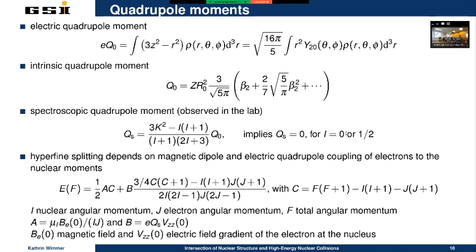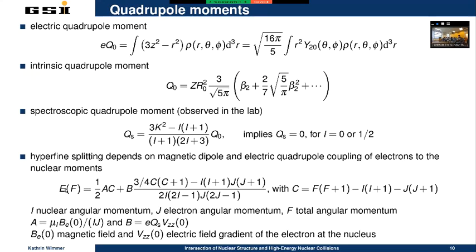If I is larger than 1/2, it can be measured again from atomic spectroscopy, and this again uses the coupling of the electrons to the nuclear field, and this time the magnetic dipole and electric quadrupole moments of the nucleus.